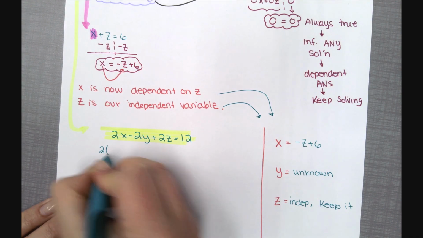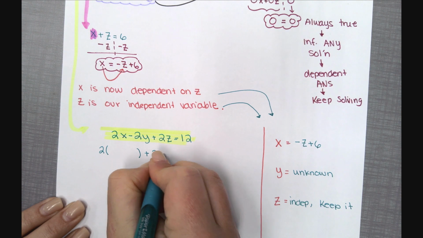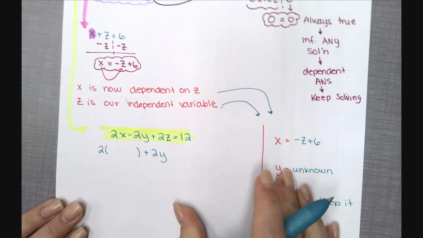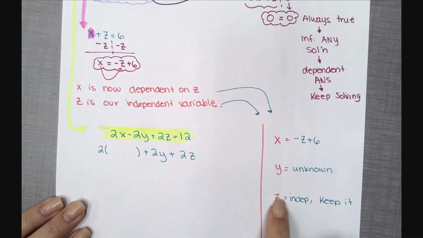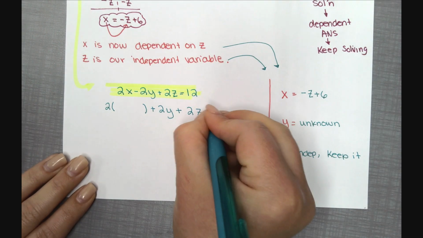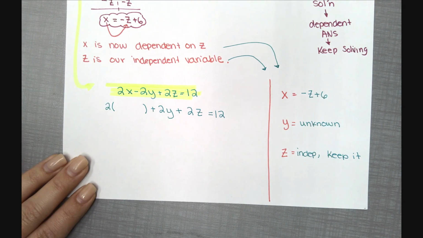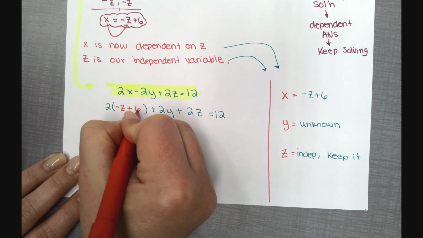I'm going to open up for x because I do know what x is. I'm going to keep y because it's unknown. This is what I need to solve for. Plus 2z, and I'm going to keep z because it's our independent variable. Equals 12. I'm going to put in my x value of negative z plus 6.